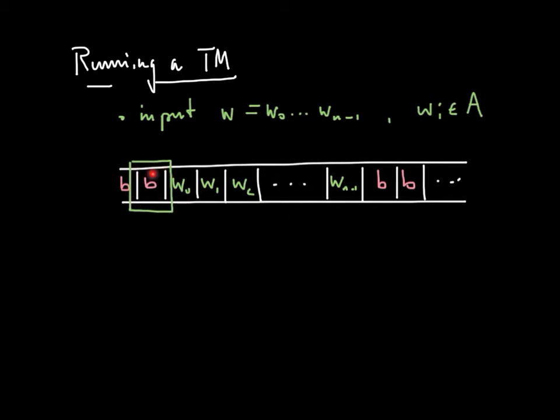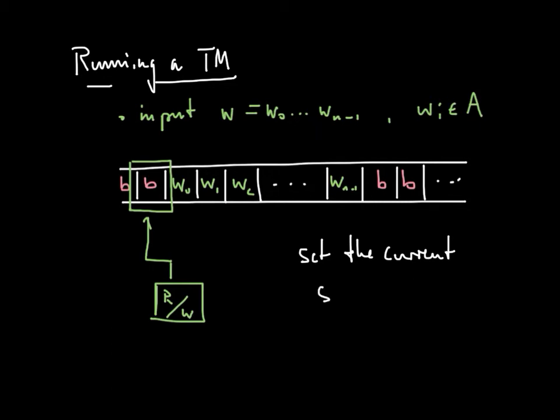So this cell here. Furthermore, we set the current state of our machine to be equal to Q0, which you remember was the initial state.